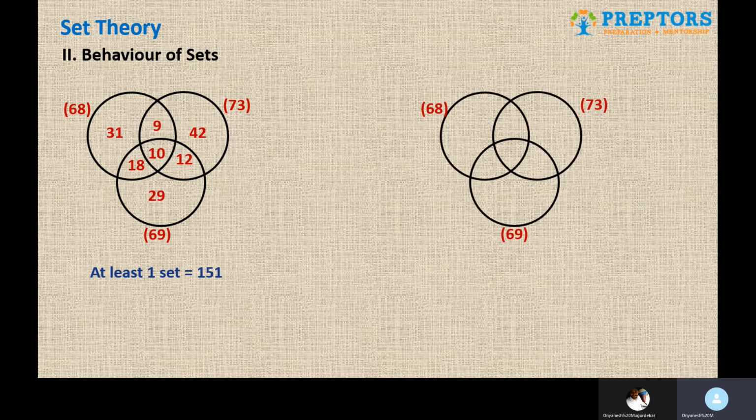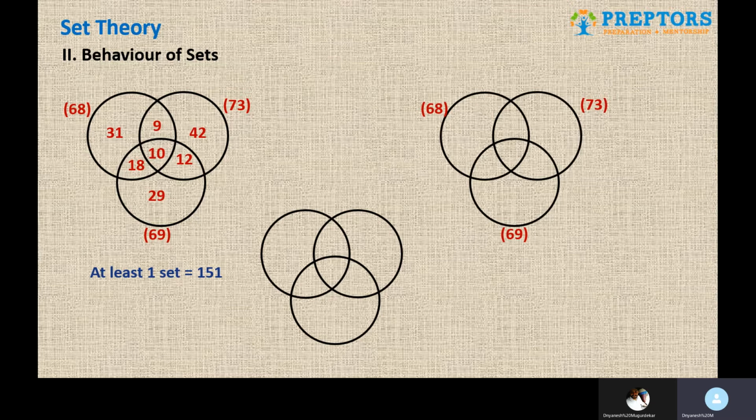The totals are the same, but if we change that intersection of all three from 10 to 15, that means we are increasing it by 5, and you'll be surprised to know that the intersection of two sets, the three values on the left corner, right corner, and top, reduce by 5. So 9 becomes 4, 18 becomes 13, 12 becomes 7.